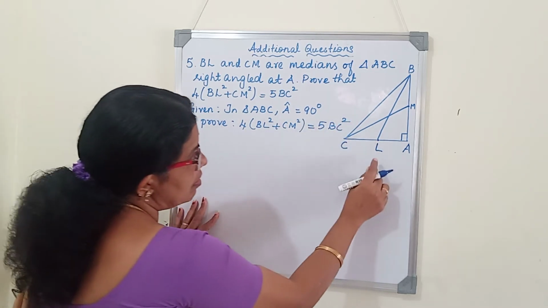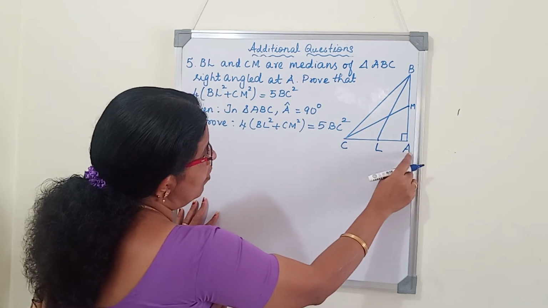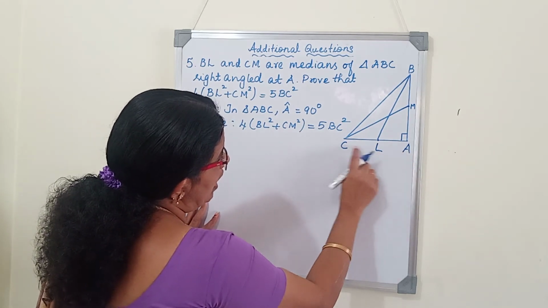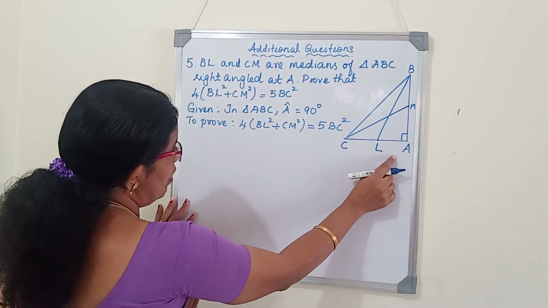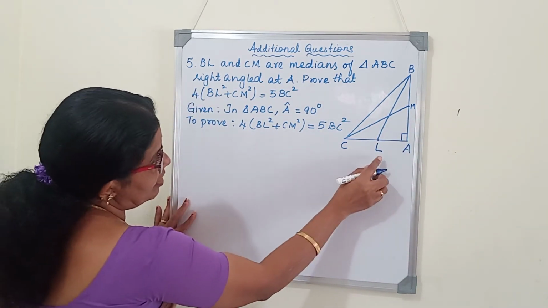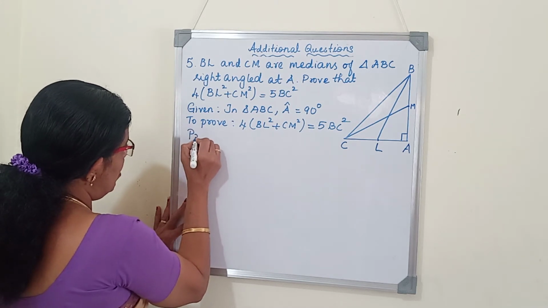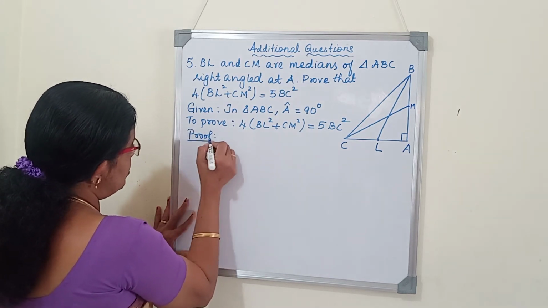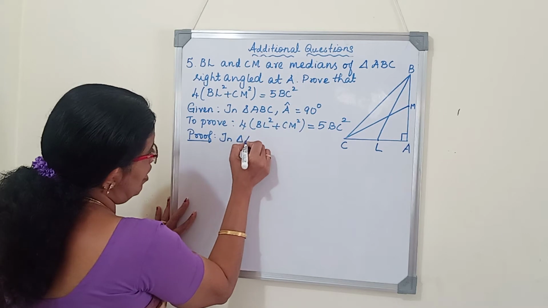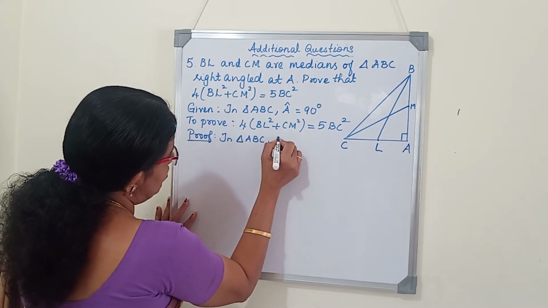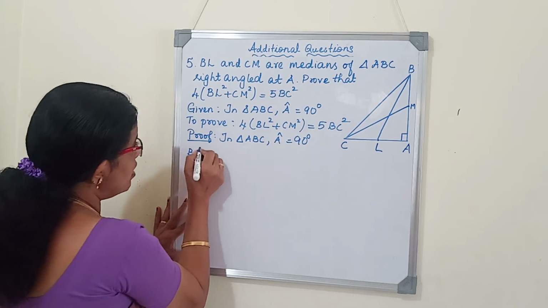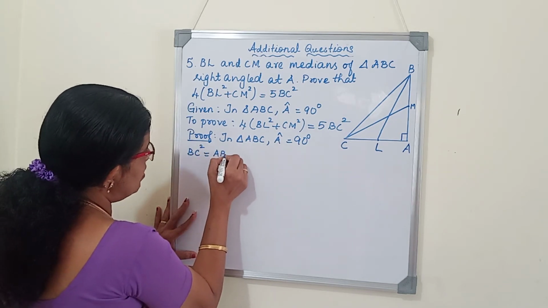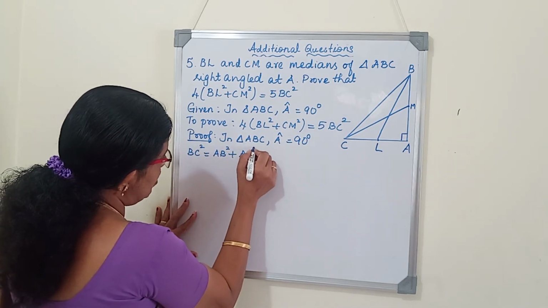There are three right angle triangles: ABC, ACM and ABL. We will apply the Pythagoras theorem in all three triangles. In triangle ABC, A equals 90 degrees, so BC square equals AB square plus AC square. This is equation 1.